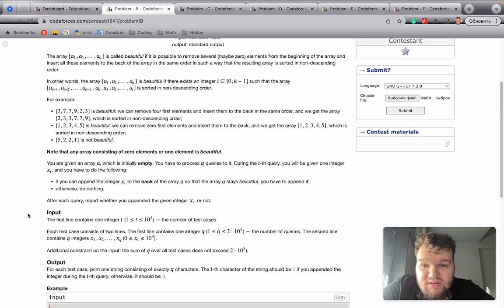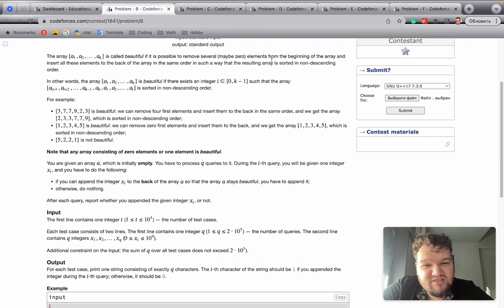Problem B. So there is some operation to define a beautiful array. An operation is to remove several, maybe 0, elements from the beginning and insert them to the back, in the same order.